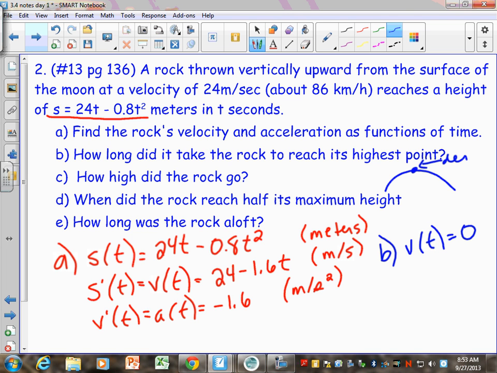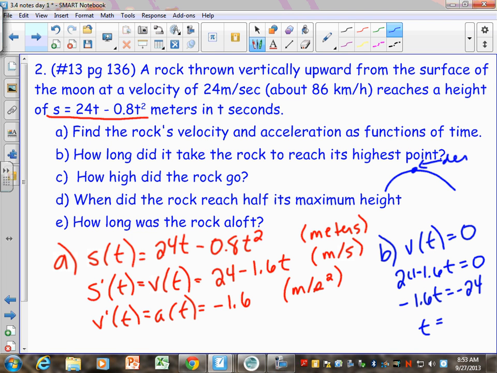So set the velocity equal to 0. So that would be 24 minus 1.6t equals 0. And then we're just going to solve that, which isn't so bad to do. Negative 1.6t equals negative 24. So divide 24 divided by 1.6.